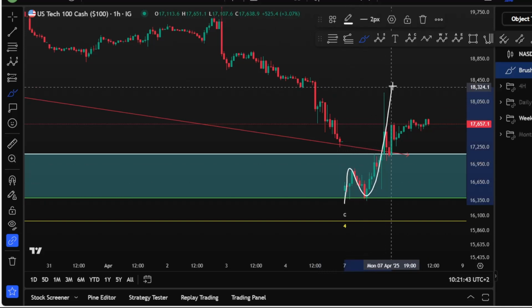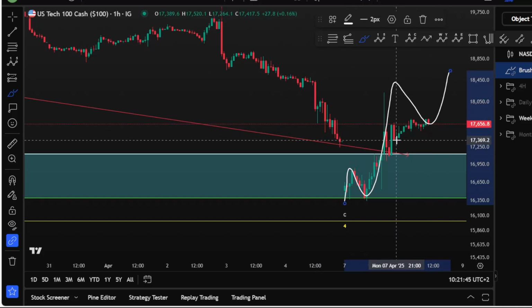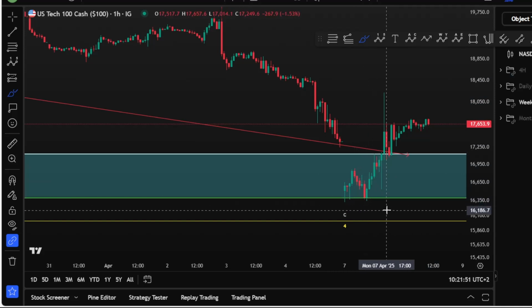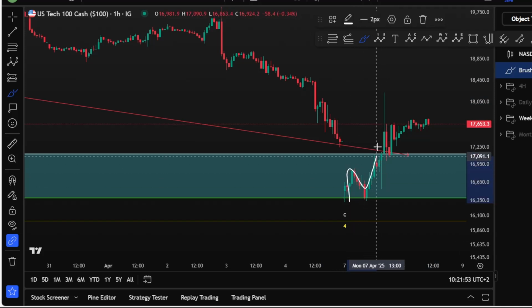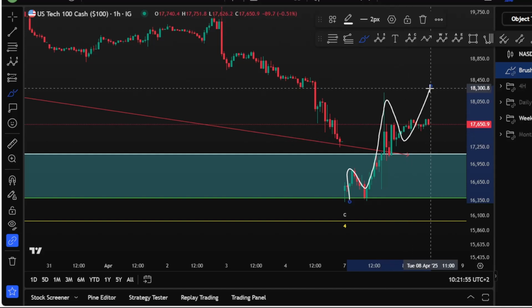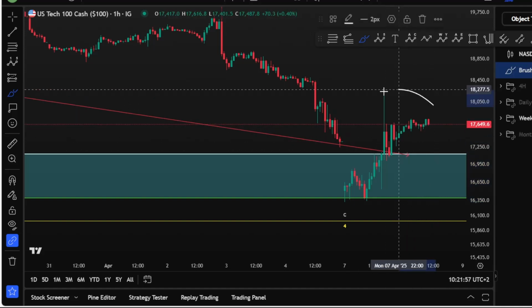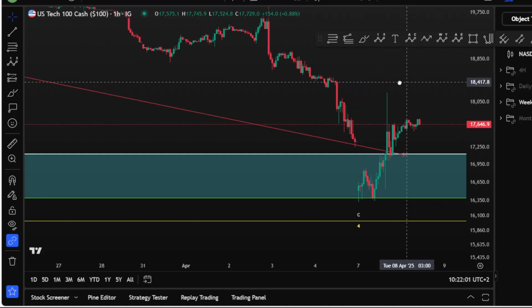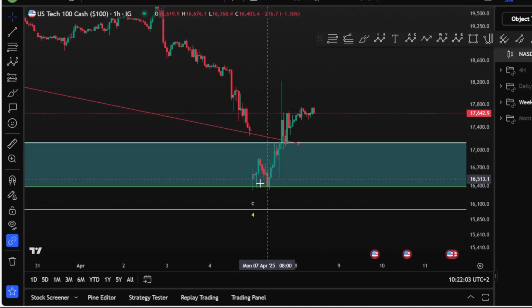Meaning if you are looking for an impulse 1, 2, 3, 4, 5, you would like to see the wave 2 higher than this fib level, not taking the 0.886, and then we consider a 1, 2, 3, 4, and a 5. What we are looking at right now is actually a corrective wave, and very, very choppy, meaning we're still looking to take the low.